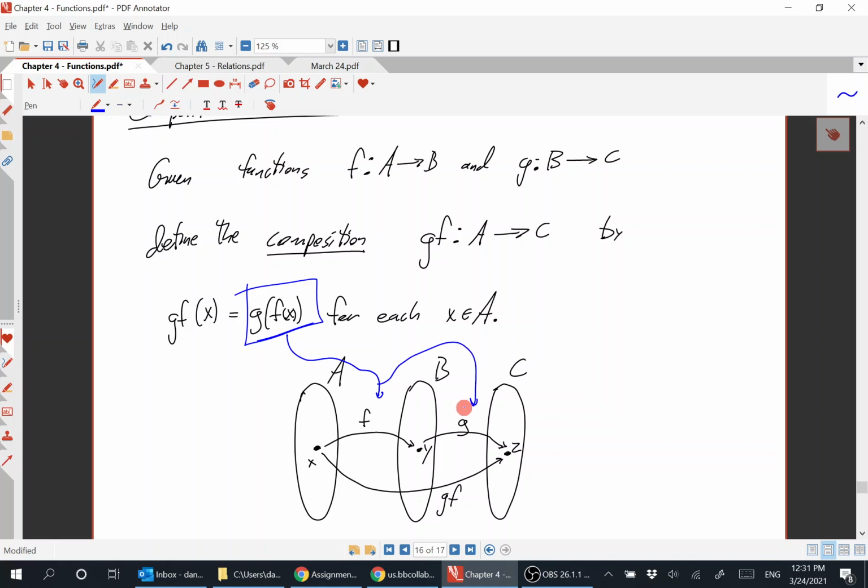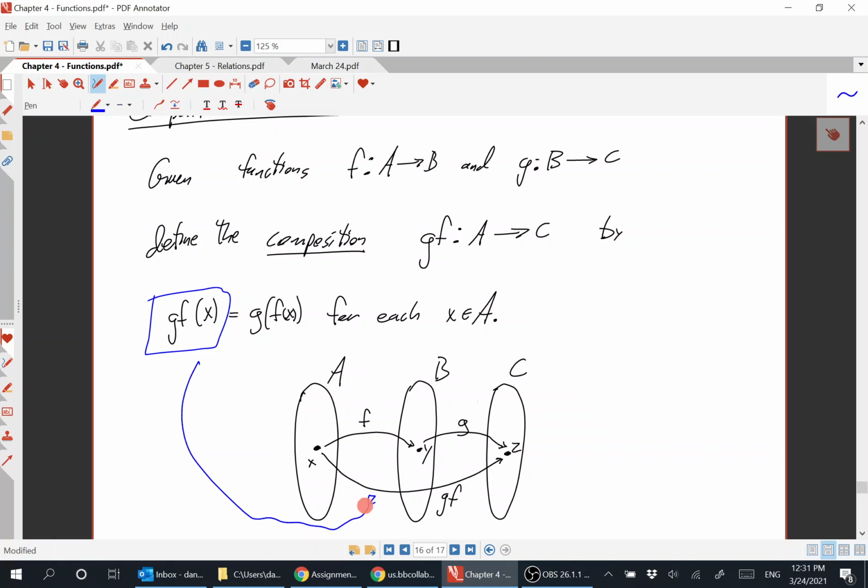It's these two functions put together, g following f. So it's a function that takes x straight to z.